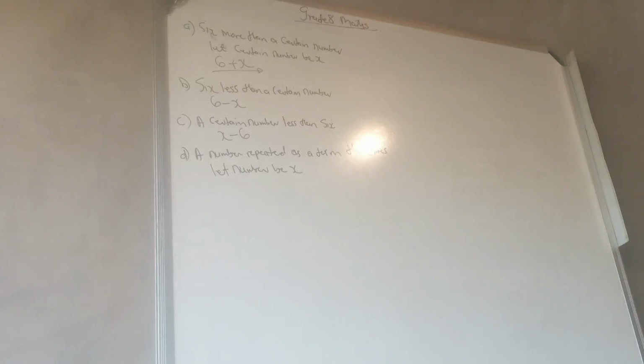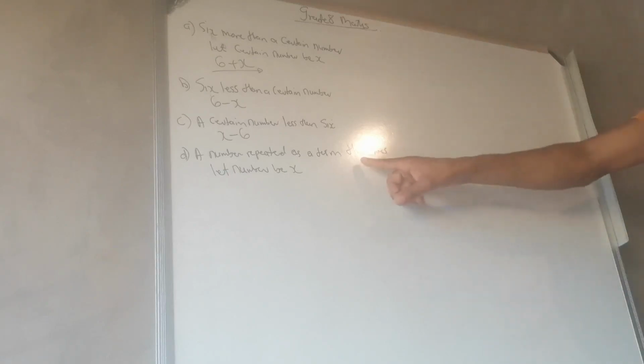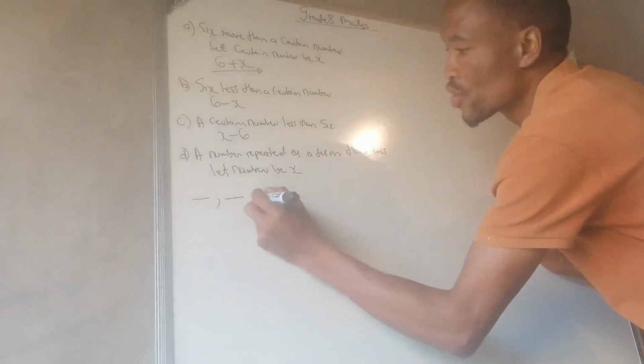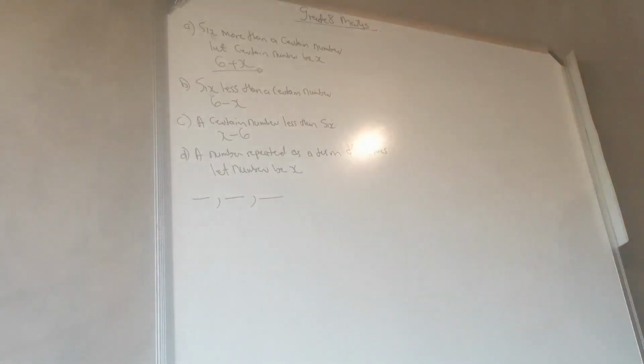A number repeated as a term. I don't want to term. Only term 1, term 2, term 3. It is repeated 3 times. It's only a number that is repeated as a term 3 times.